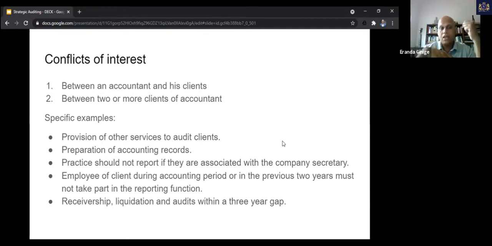There can be conflicts between two or more clients of the same accountant, right? If you have two clients, and these two clients have some kind of ongoing legal battle or market competition, and you are the auditor for both these clients, there can be conflicts there.